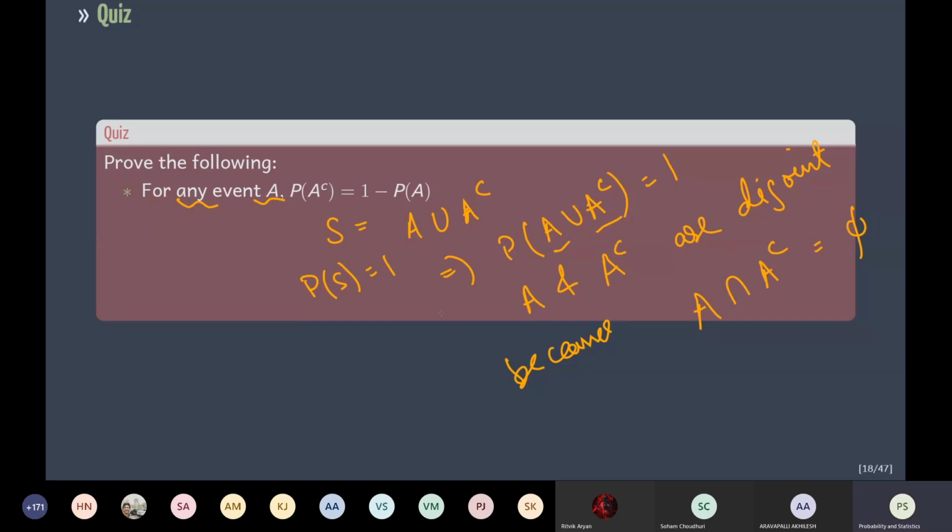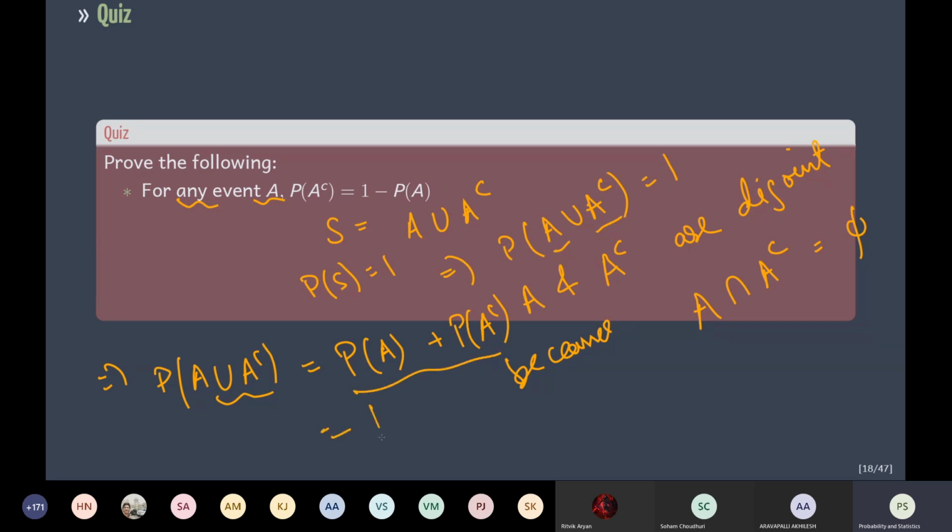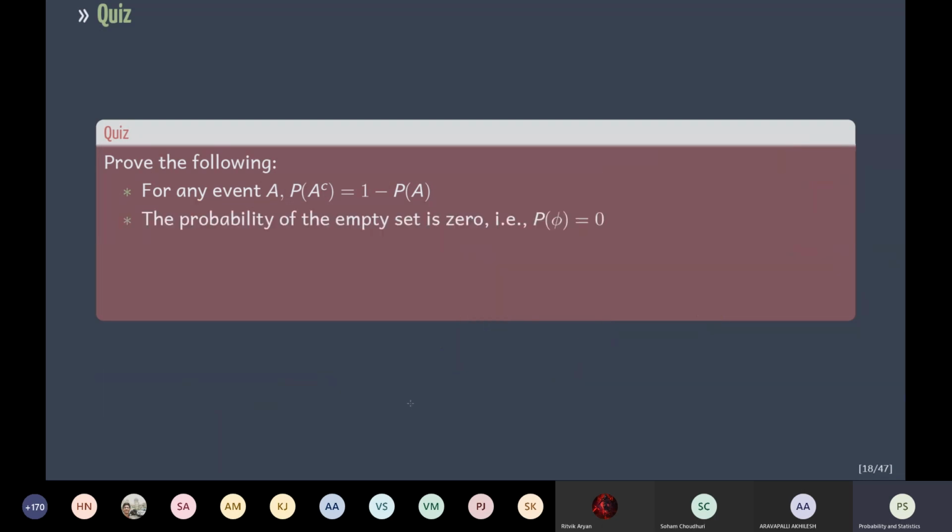So for disjoint events, we also know that the probability of A union A complement is the probability of A plus the probability of A complement. Okay, because these were disjoint events. And this is equal to 1. So from there, we know that the probability of A complement will be nothing but 1 minus the probability of A. Okay, so that we proved it.